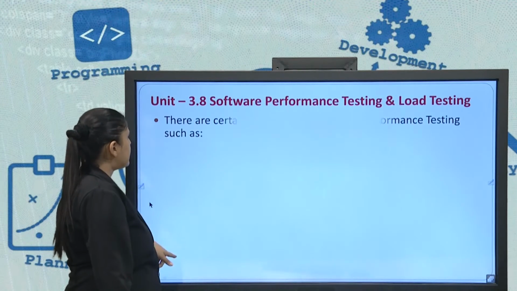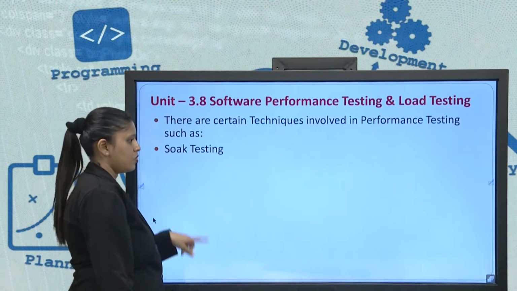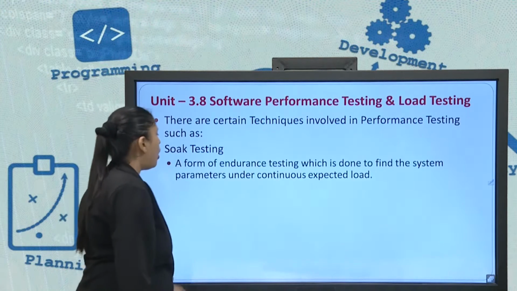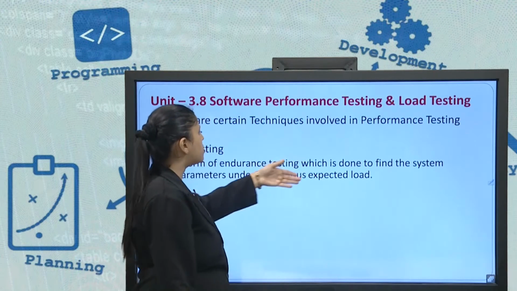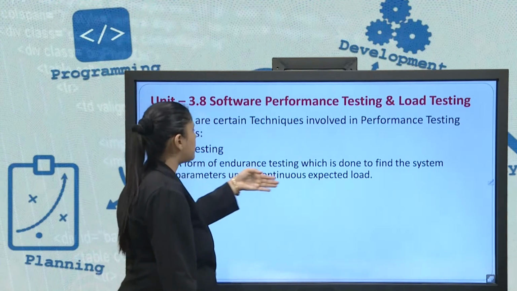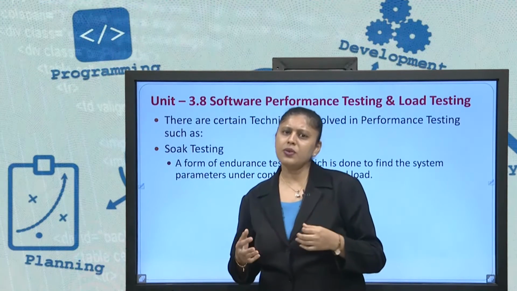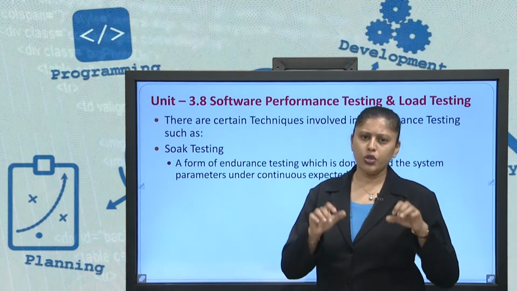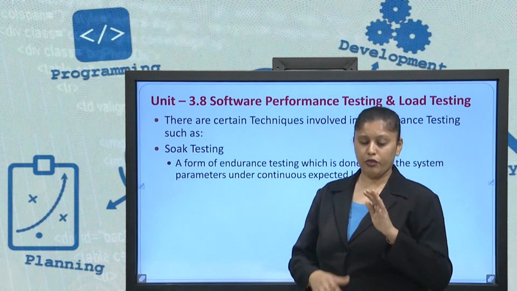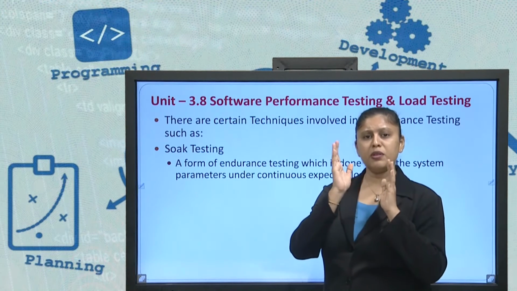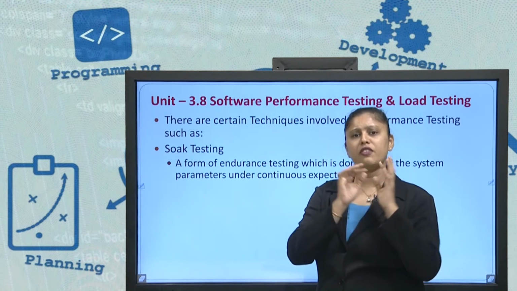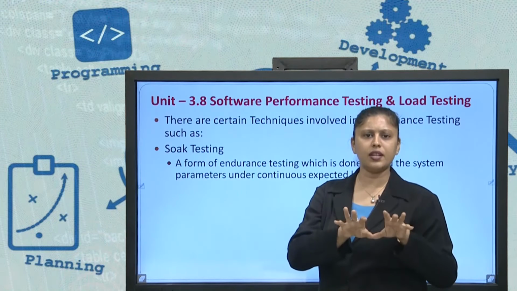Then the next kind of testing is shock testing, alright. A form of endurance testing which is done to find the system parameters under continuous expected load, alright. If I continuously give the same load to my system, for example, though its maximum limit is 1000, I give it continuously 1500 users every time, alright.